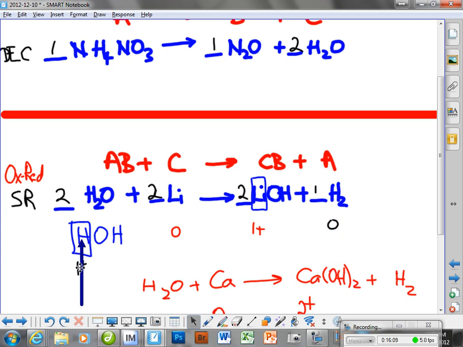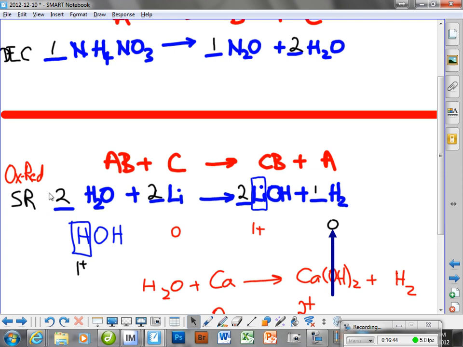Here he was an ion, so to speak. Now the lithium was an element here, and here he is an ion. So he was a 0 charge here and a 1+ charge here. So this guy has replaced the hydrogen in HOH, otherwise known as water. And when the hydrogen gets bumped, he becomes a gas and becomes H2, the element with no charge at all.